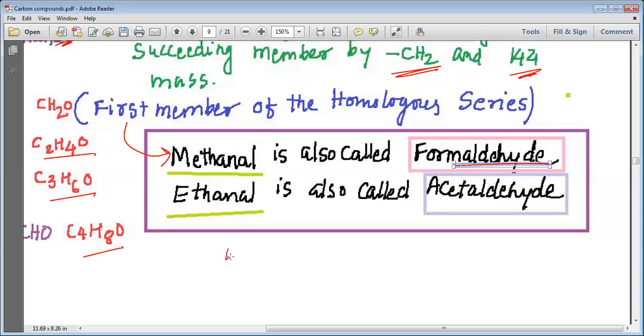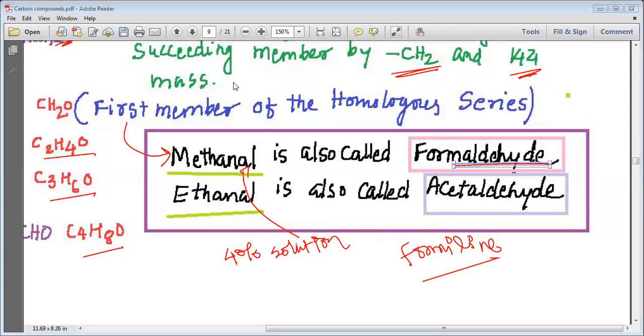Sometimes the 4% solution, please remember this, the 4% solution of methanal is known as formalin, and this formalin is used to save biological specimens. Whatever biological specimens you see in your biology lab, my dear students, they are preserved in the 4% solution of methanal, which is also known as formalin.